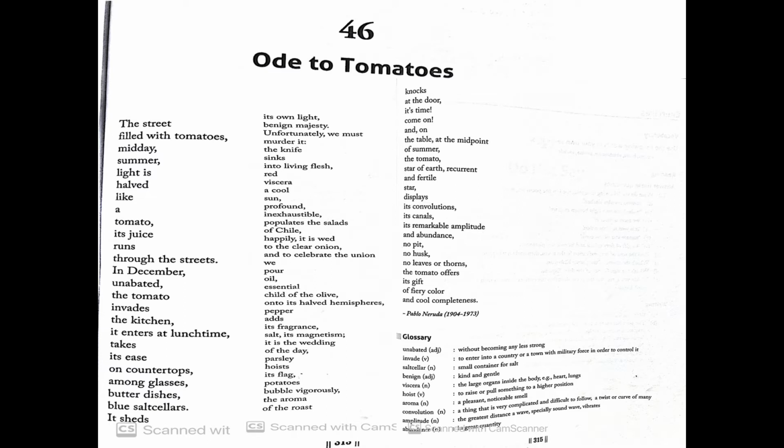The street filled with tomatoes, midday summer, light is hot like a tomato. Its juice runs through the streets. In December, unabated, the tomato invades the kitchen. It enters as lunchtime, takes its ease on countertops, among glasses, butter dishes, blue salt cellars, it sheds its own light, benign majesty.